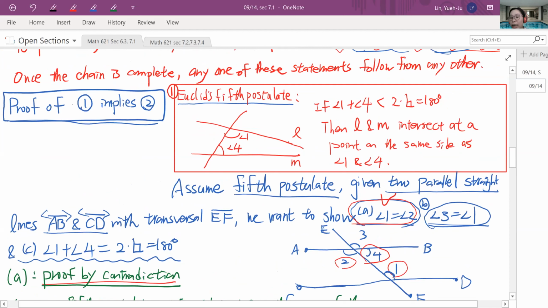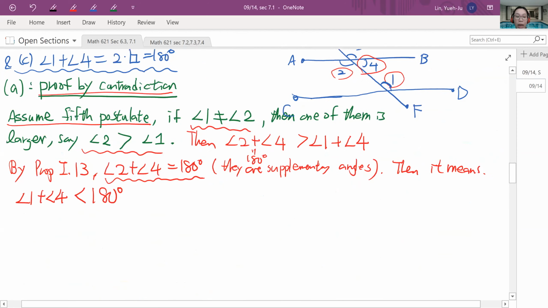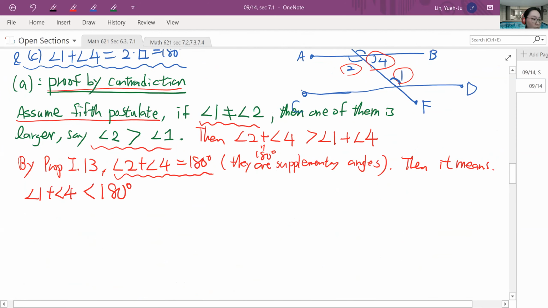If that's the case, then the fifth postulate tells us that L and M, those two lines, are intersecting, right? So if 1 and 4 are less than 180, then by the fifth postulate, it implies these two lines should intersect, right?